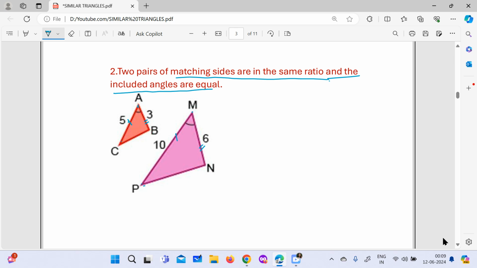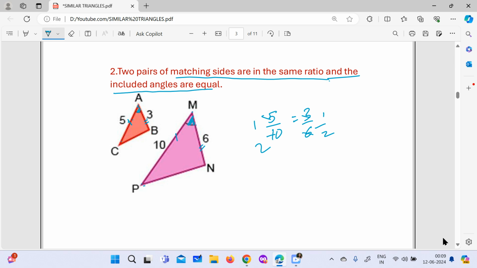So I will write the ratio 5 over 10, which should be equal to 3 over 6. Oh yes, they are in the same ratio. And then the included angles are equal. So the included angle is the angle between these two sides, this one and this one. Since it is already marked, they are equal.